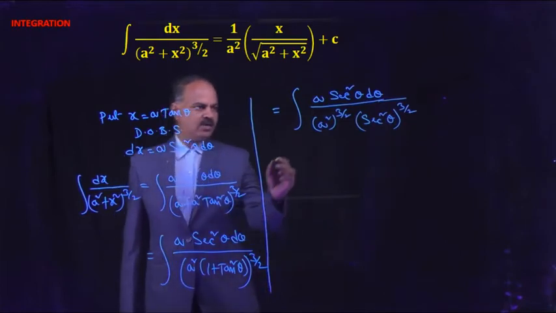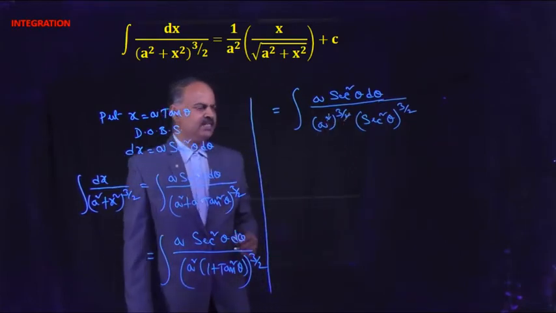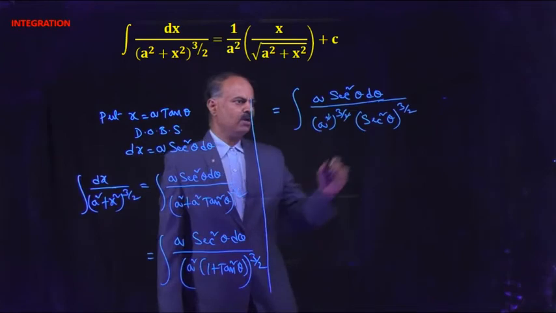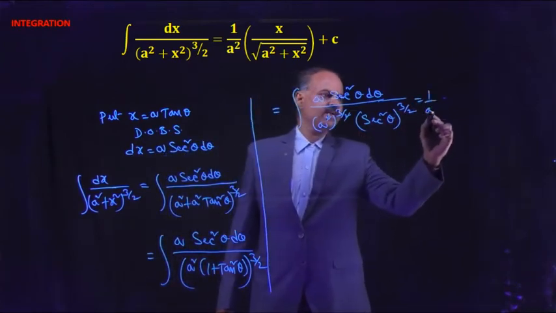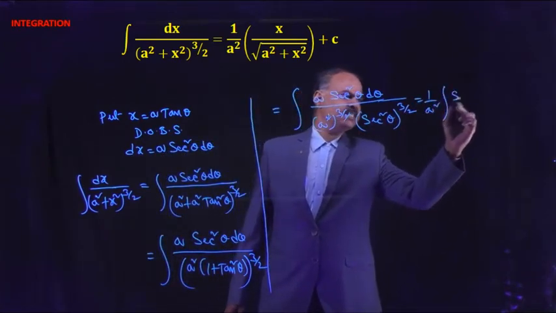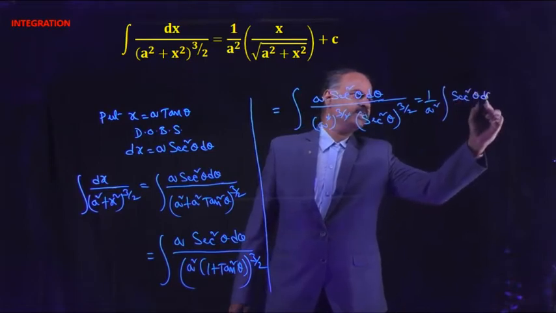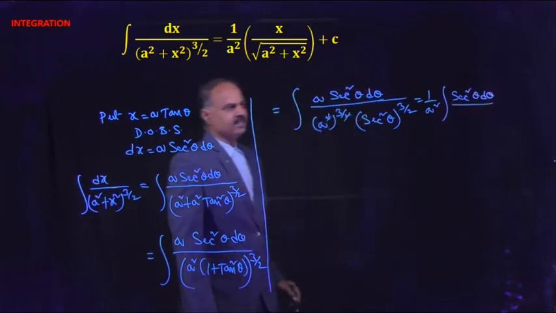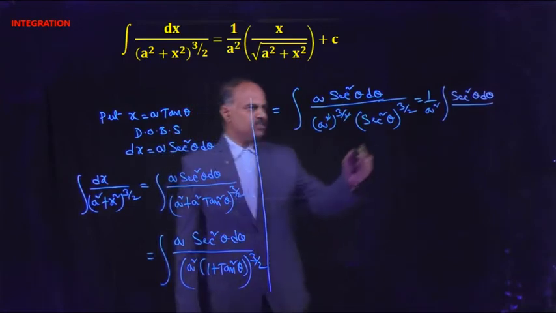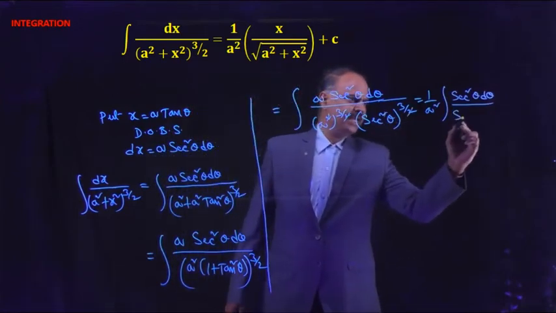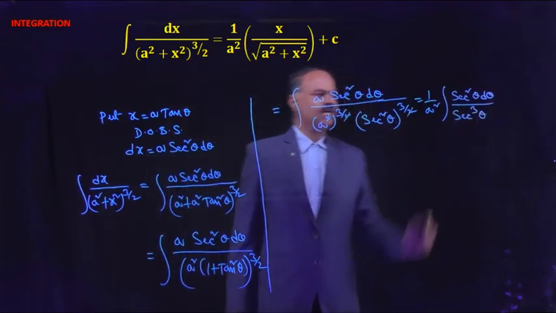Now this is equal to, here this 2 and 2 get cancelled. So a by a cube, that is equal to 1 by a square into integral secant square theta into d theta divided by, here this 2 and 2 get cancelled, secant cube theta.